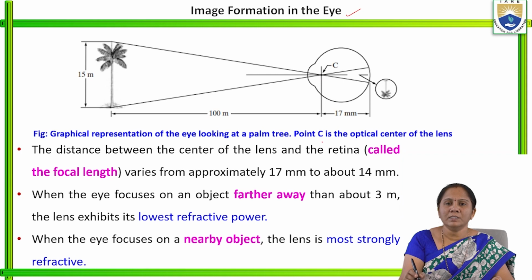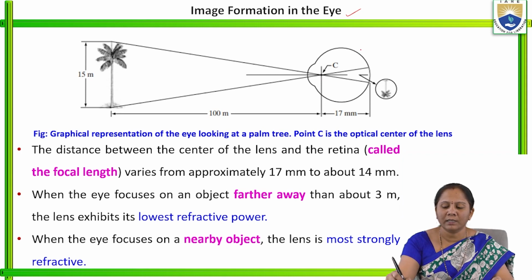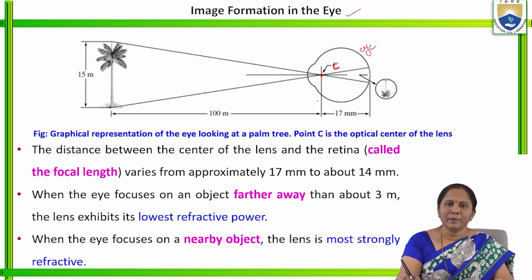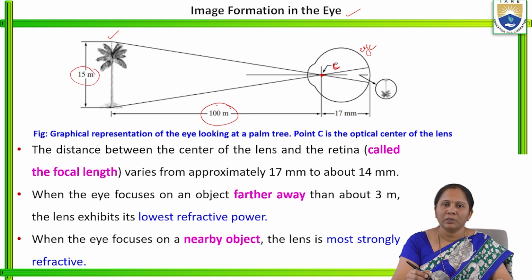In this figure, we can see the eye of a person. The dot represents the center of the lens. This person is watching a palm tree; the palm tree height is around 15 meters, and it is located 100 meters away from the center of the lens, which is too far.